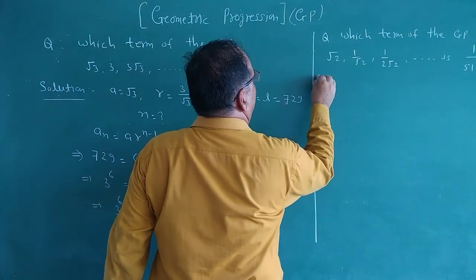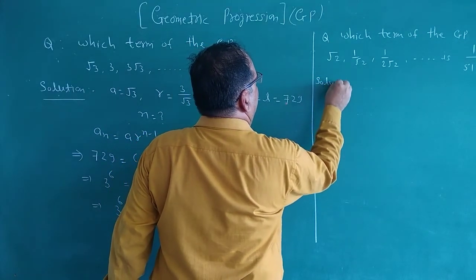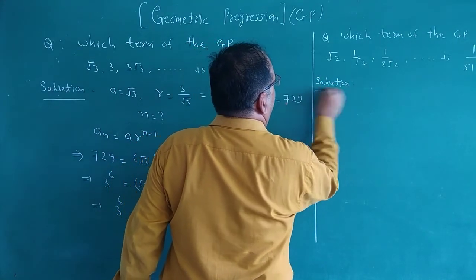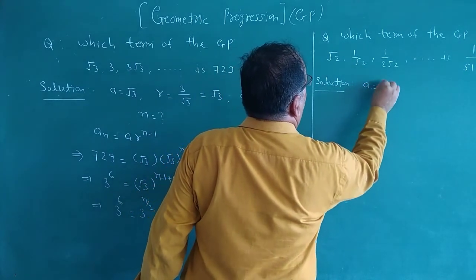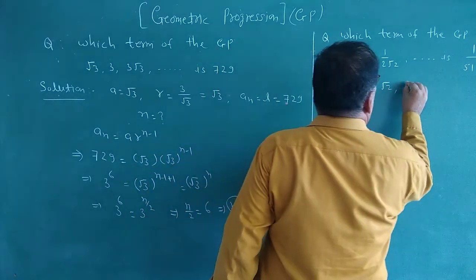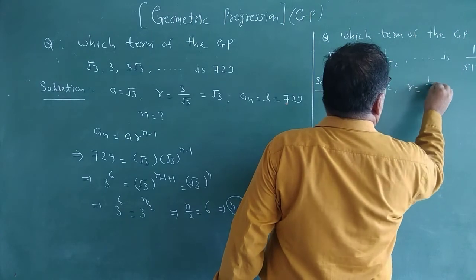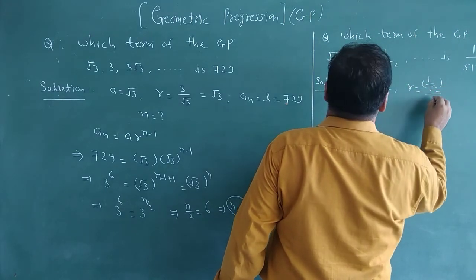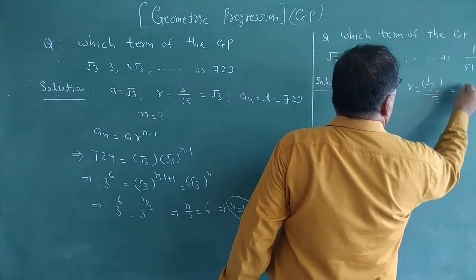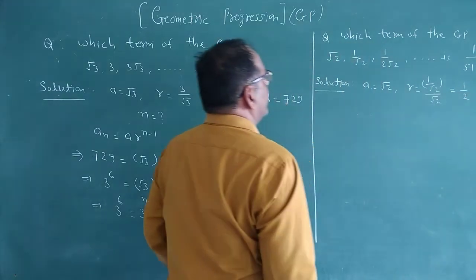So first, A equal to root 2, R equal to 1 upon root 2 upon root 2, that means 1 upon 2.